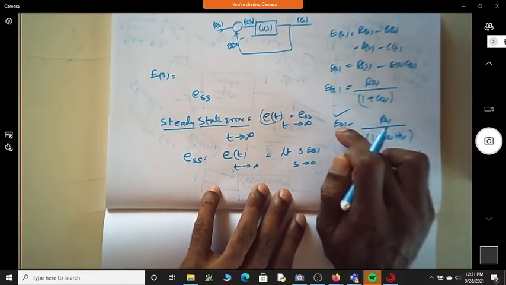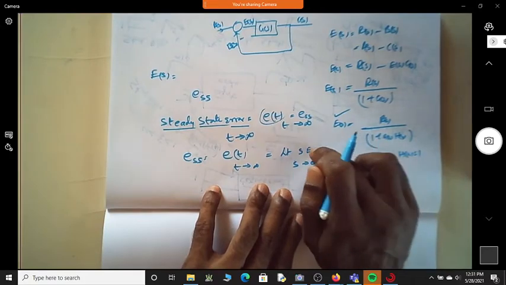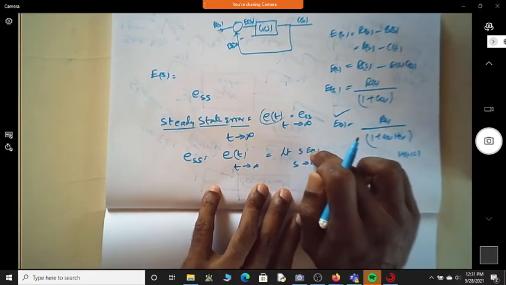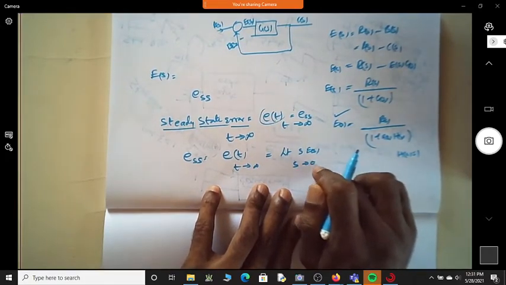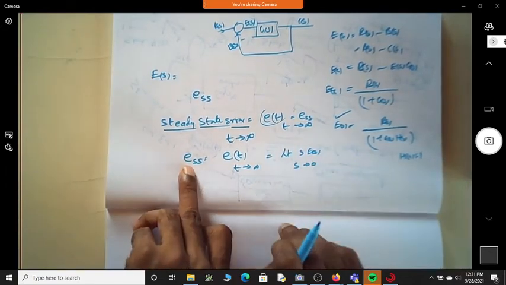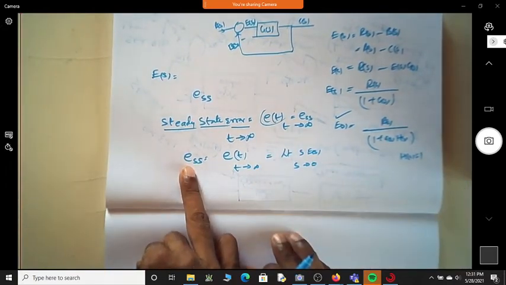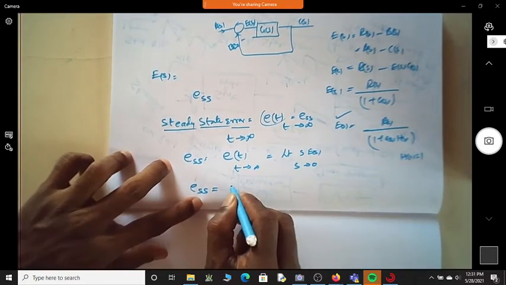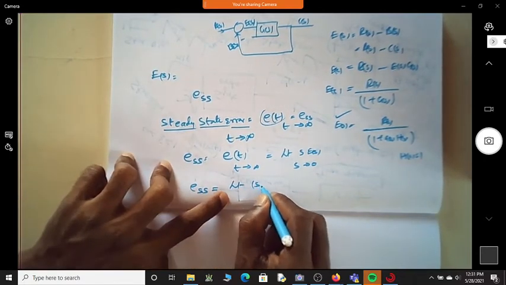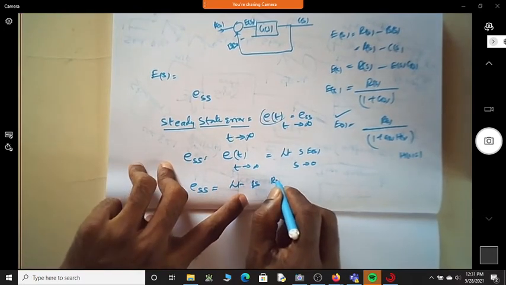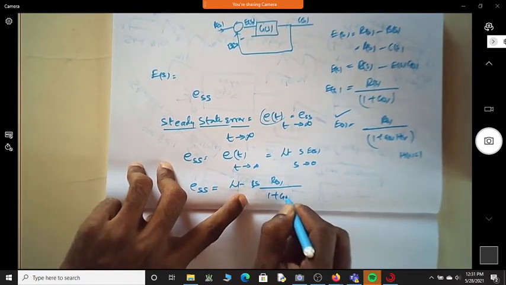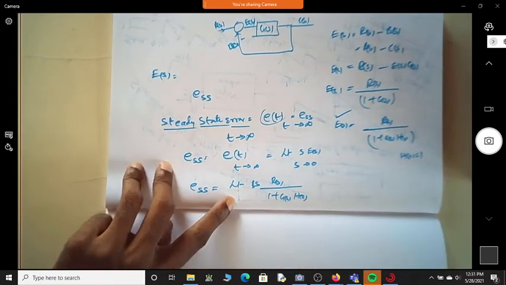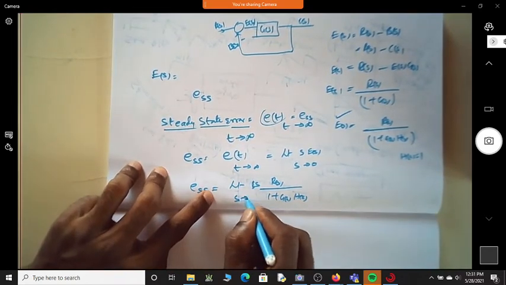What is the Laplace of your error signal? S into E of s with s tending to 0 will give you ESS. So shall I now write the steady state error as equal to limit of S into R of s by 1 plus G of s into H of s, with s tending to 0?